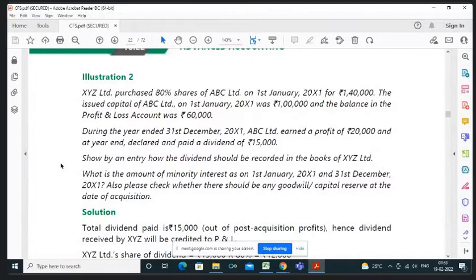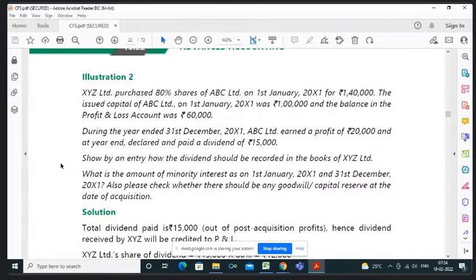During the year ended 31st December 2011, ABC Limited earned a profit of 20,000 and at year end declared and paid a dividend of 15,000. Show by an entry how the dividend should be recorded in the books of XYZ Limited.